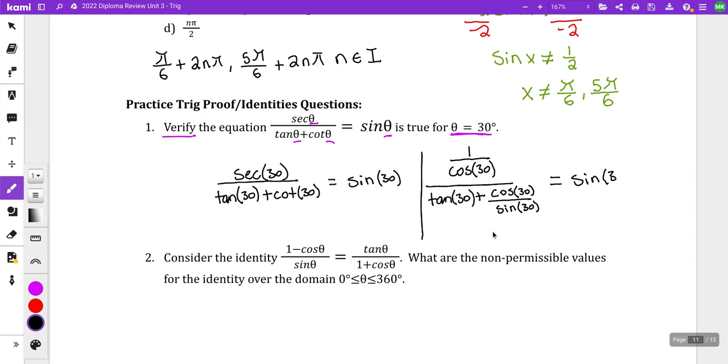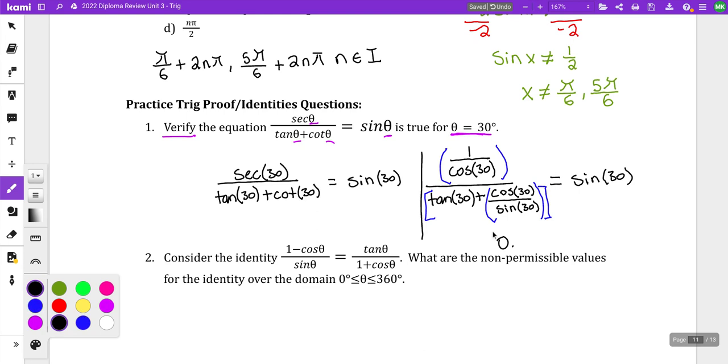I would suggest that you use brackets around your fractions, so a bracket around that fraction, a big bracket in the denominator, and brackets around that fraction. I'd have all kinds of brackets. You should end up with 0.5 equals 0.5. That is verified. Left side does equal the right side.